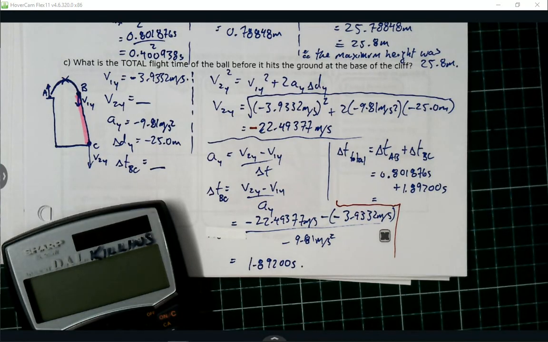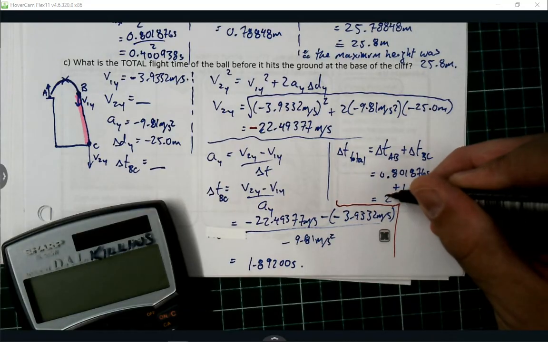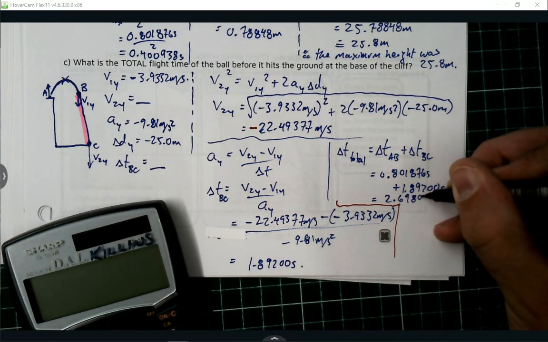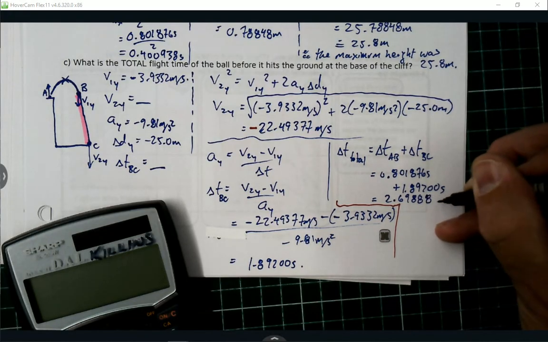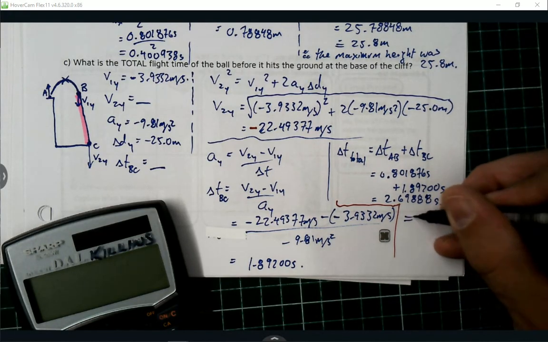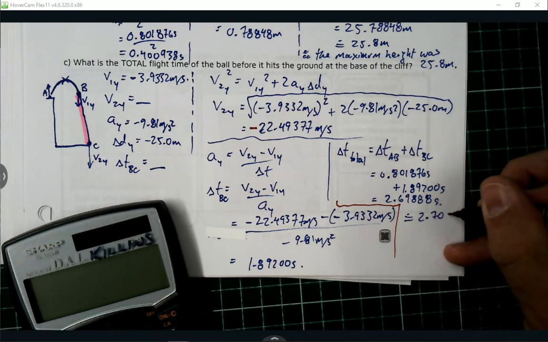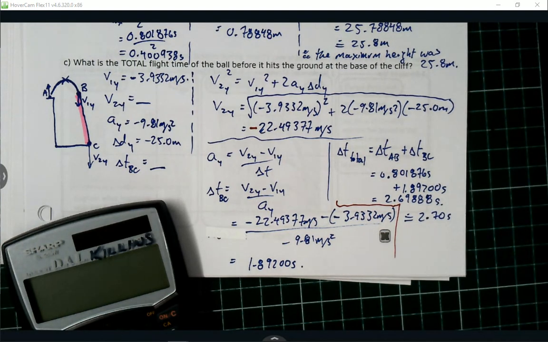No? You got it? 2.69887. 2.69888. Whew, all right. Seconds, or approximately, oh my goodness, 2.70 seconds flight time. And I've run out of space for a therefore statement.